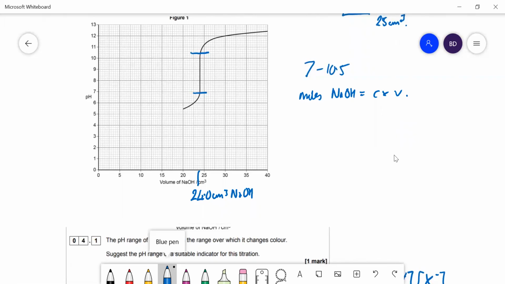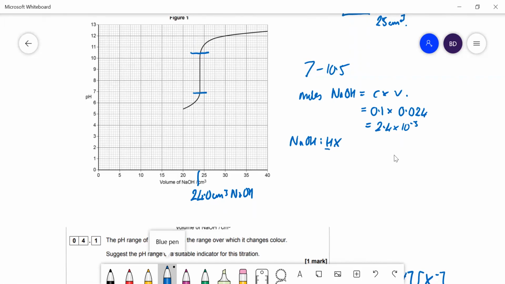Yeah, it's 0.1 mol per dm^3, multiplied by 24 cm^3, 0.024 dm^3. That's 2.4 times 10^-3 moles of NaOH. Right, NaOH and HX will react in a 1-to-1 ratio, because it's a monobasic acid. It's got one proton.